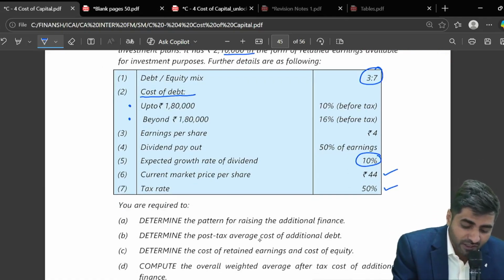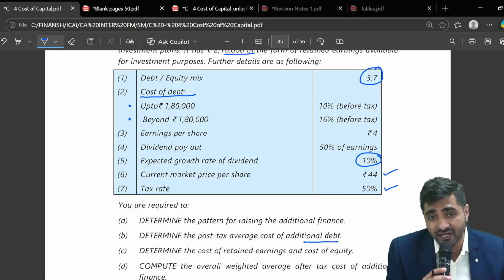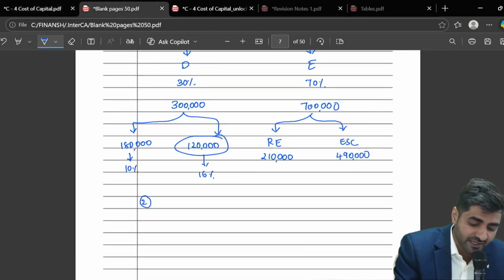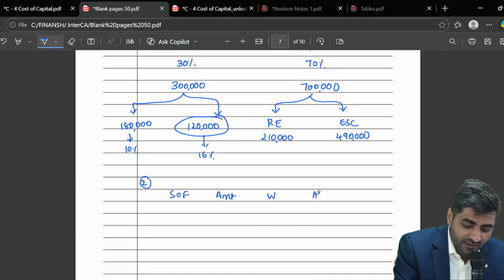What's the second part of the question, guys? We are required to determine what should be the post-tax average cost of additional debt. So we are required to calculate the post-tax average cost of additional debt only for the additional debt. So for the additional debt, my dear students, can I put it like this, that we are having sources of funds, amount, weights, after-tax COC, and then the last part will be what? WACC.